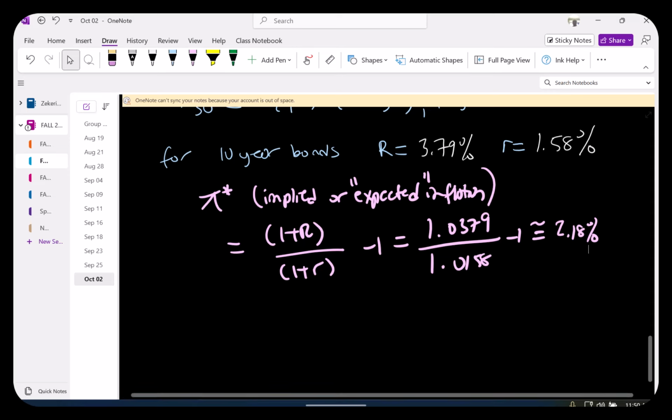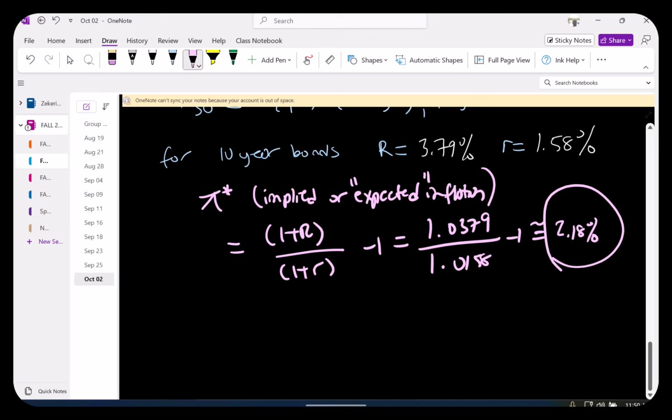When real rate and inflation are small, that's not a bad approximation. Now, I put that expected in scare quotes. Technically speaking, that is not any statistical expectation or a forecast. It is the rate of inflation at which the market overall is indifferent between picking the nominal bonds or TIPS.